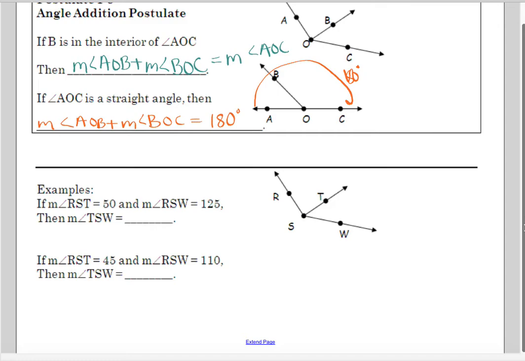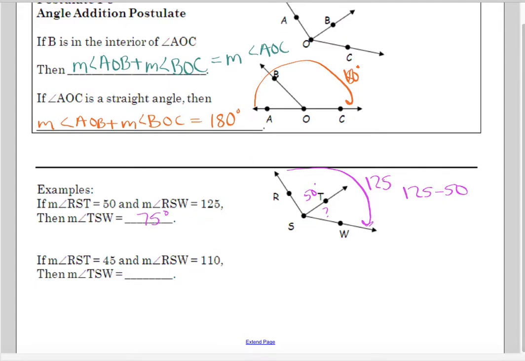So here we have a sample problem, two actually, using the same picture. It says if the measure of RST is 50, so here's RST, they're saying it's 50 for this problem, and RSW, so R to S to W, is the whole thing, 125. Then we want to find this angle right here. Well, we can do 125 minus 50, and so 125 minus 50 is 75 degrees.